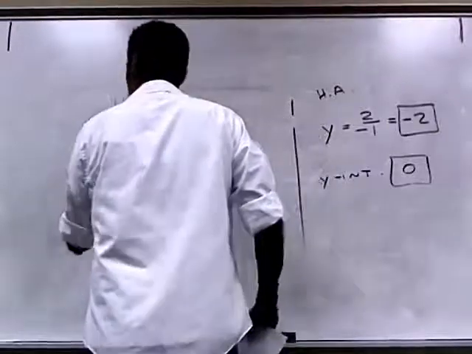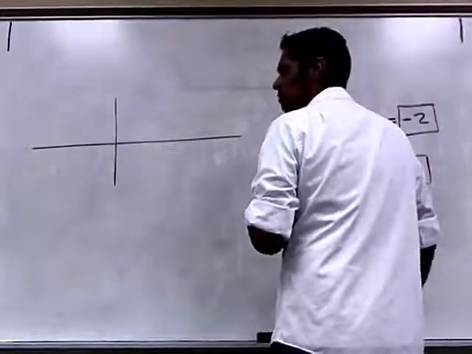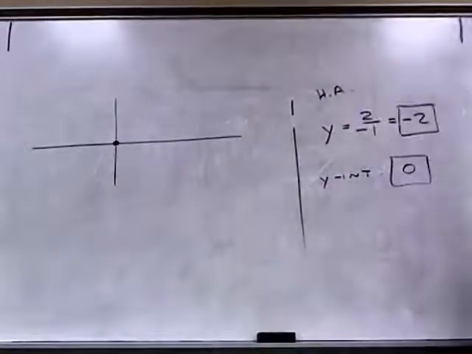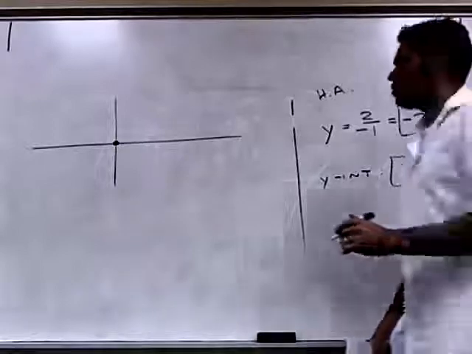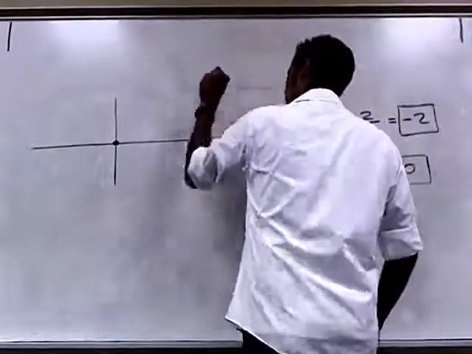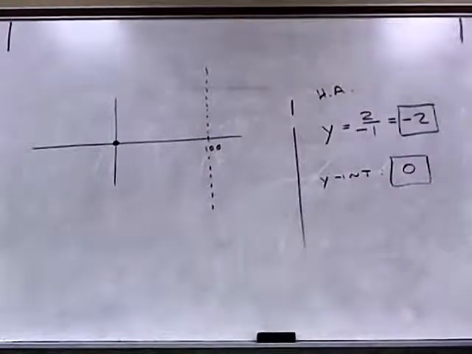My first thing is I had an x-intercept at where? 0, okay? The next thing, I had a vertical asymptote where? At 100. So let's say that's 100 right there, a vertical dotted line. Then a horizontal asymptote of -2.